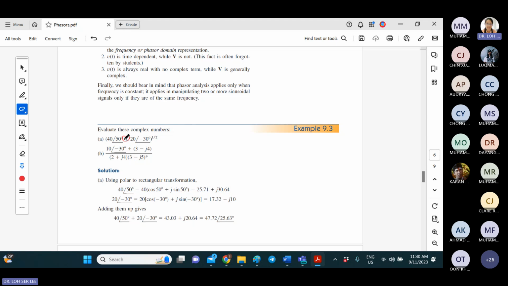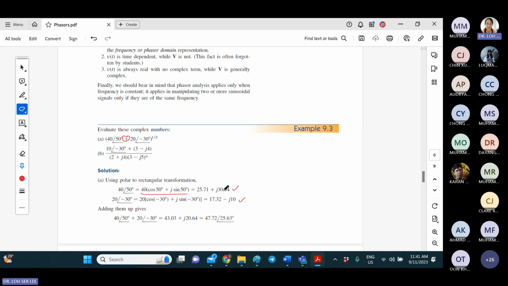No matter addition or subtraction, we have to use rectangular form. So this one you change into rectangular form, which is this, and this one you change into rectangular form, which is this.